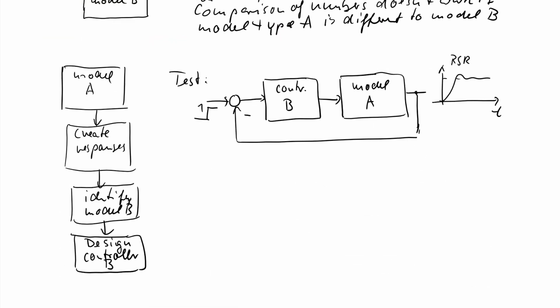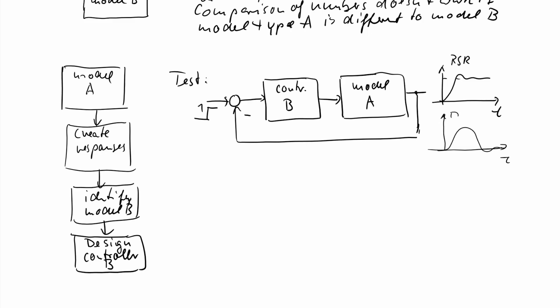Because here you can really test your final resulting controller together with your industrial process, and only this is what you want to have in industrial processes: a good closed loop system with good reference step response, or of course disturbance step response. Both signals must fit.